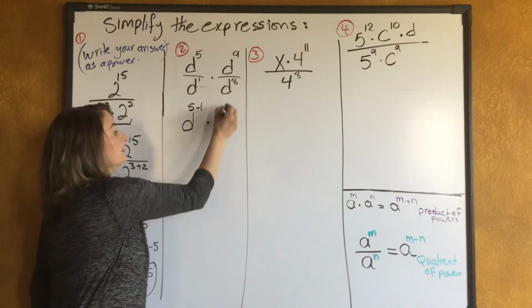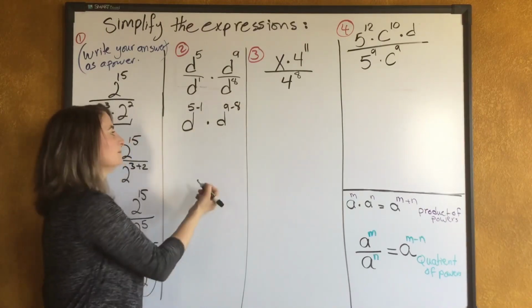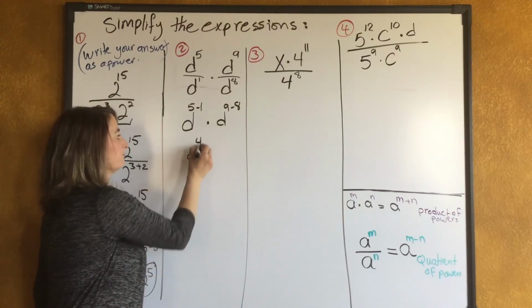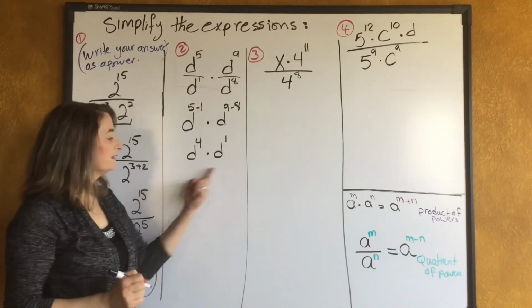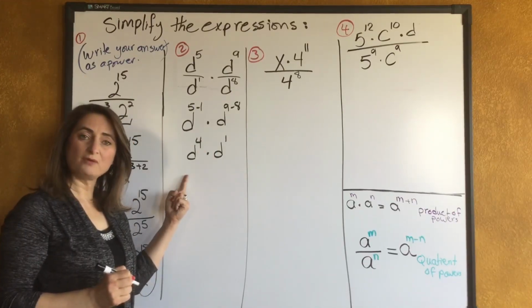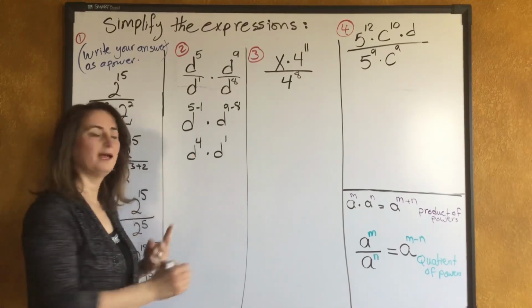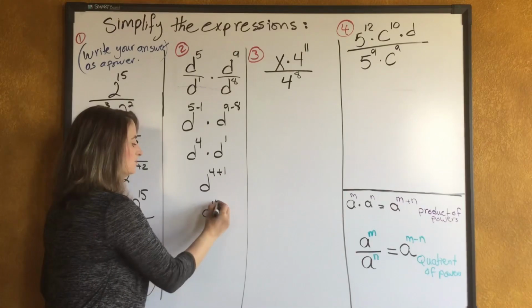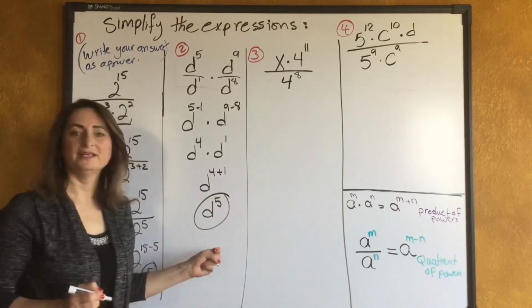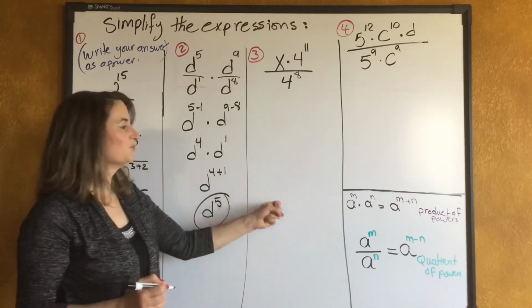Now simplify that: D to the power of 4 times D to the power of 1. That's a product of powers. You're multiplying two powers, keep the base the same, add the exponents. So D to the power of 4 plus 1 gives you D to the power of 5, and that's your answer.